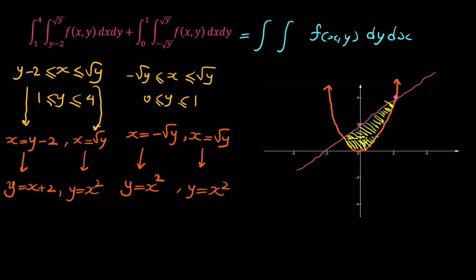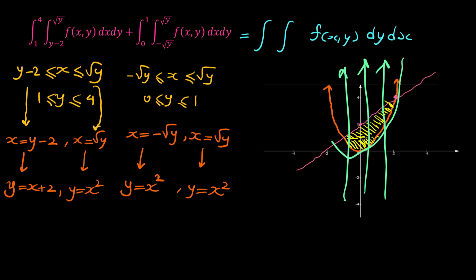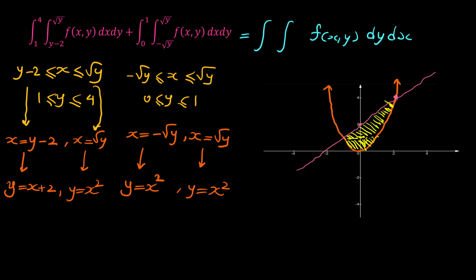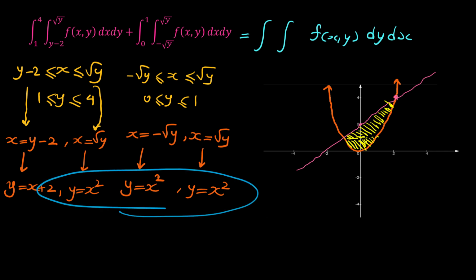By drawing vertical lines, we have these lines, for example. As you can see, these lines enter the region at this parabola, at the parabola which its equation is x to the 2. So the lower limit for the integral is x to the 2.